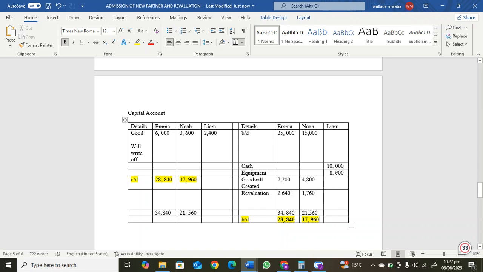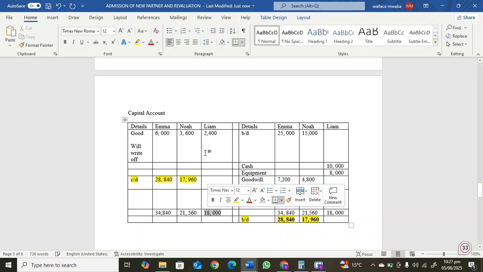Then Liam, 10,000 plus 8,000, 18,000. He's giving out 2,400 to both Emma and Noah.